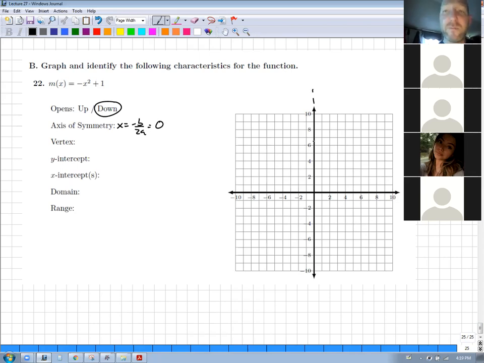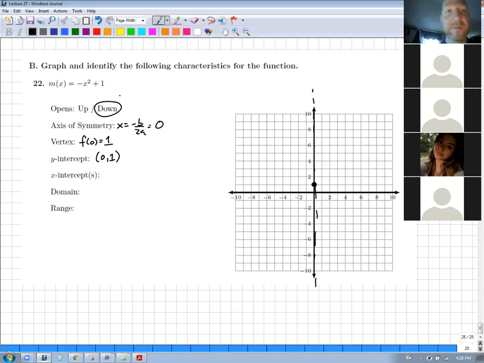So boom. Remember, our vertex lies on top of the axis of symmetry. We plug that in. f of 0, in this case, would be 1.